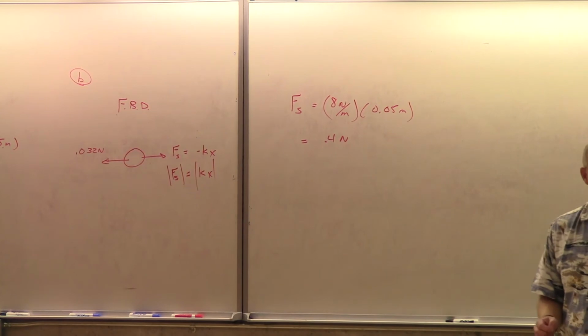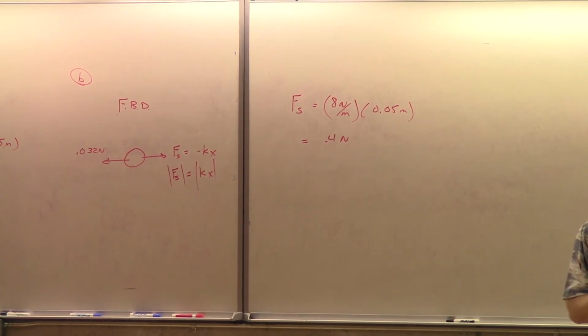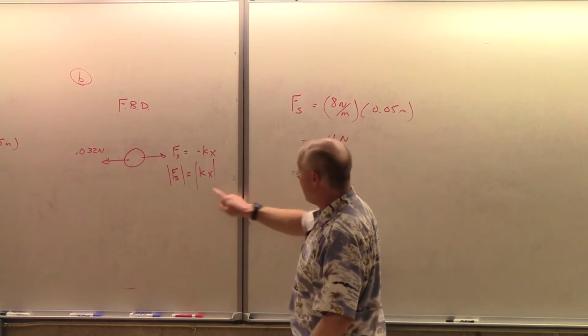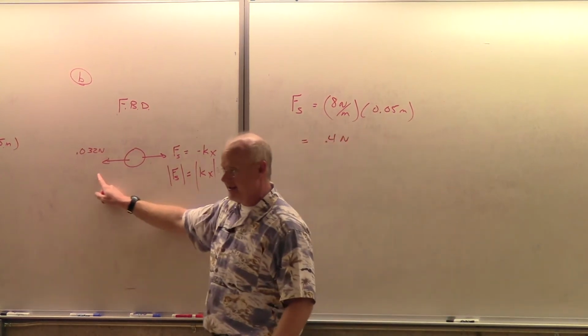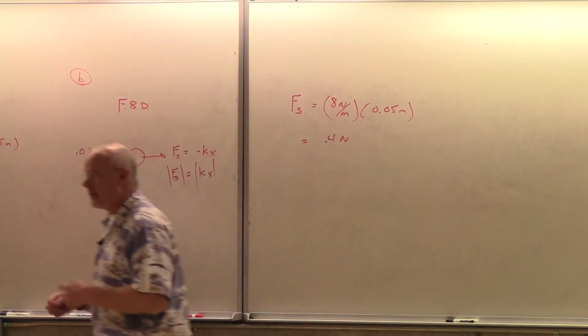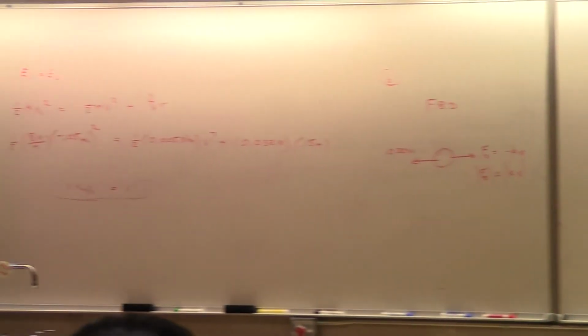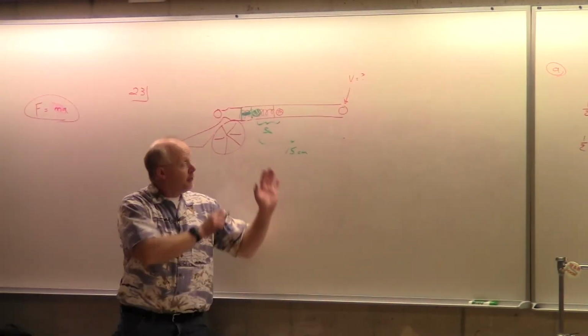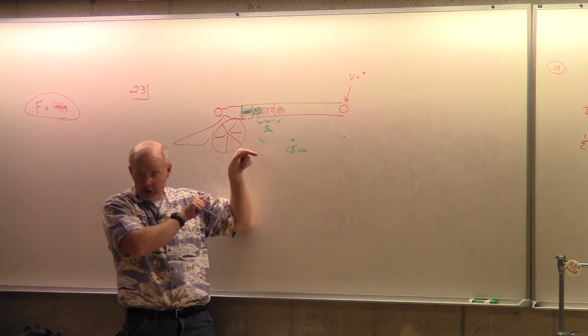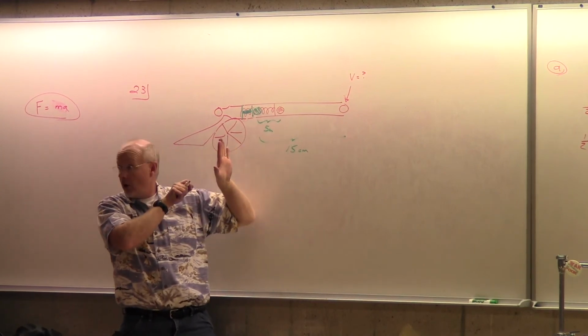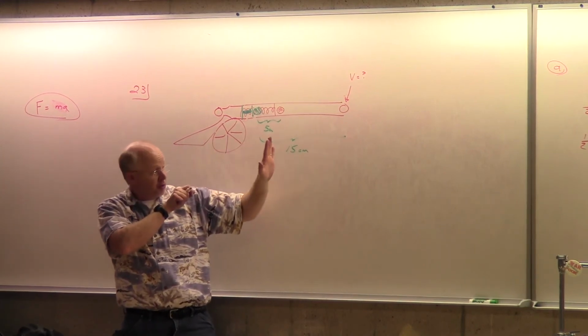That would be the initial push from the spring. Fair enough? And that number is quite a bit more than that number. So at the beginning here, as most of you already were thinking, the spring force would be much more than the frictional force, and this thing would start going. Push, push, push.